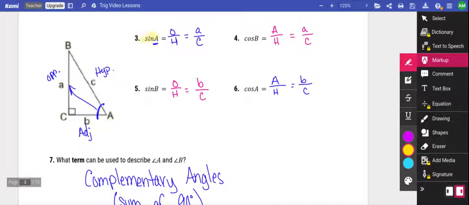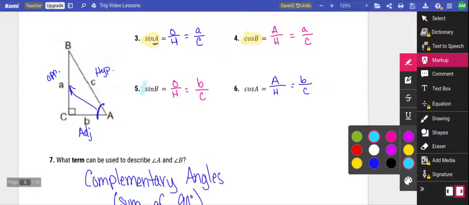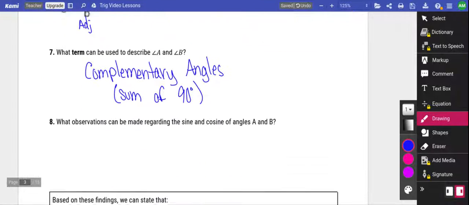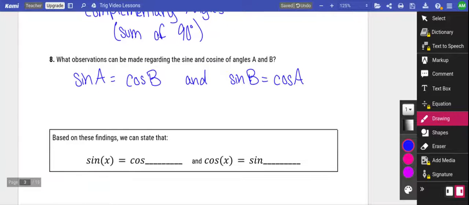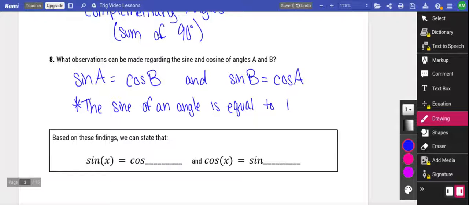The sine of A was equal to the cosine of B, and the sine of B was equal to the cosine of A. Based on these findings, I'm going to write one more thing, which is that the sine of an angle is equal to the cosine of its complement.